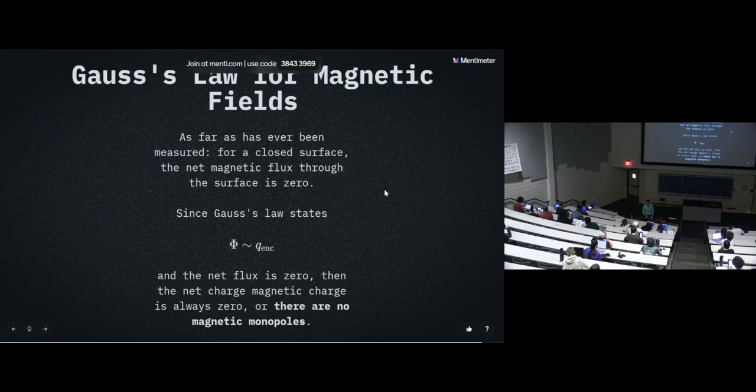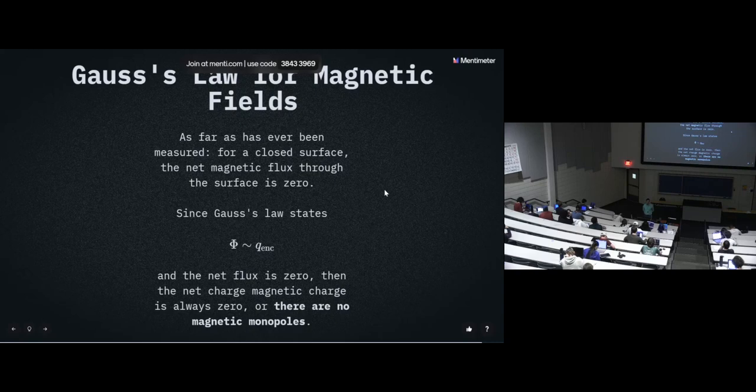The last thing that we need to discuss is that, as far as has ever been measured for a closed surface, the net magnetic flux through the surface is 0. Since Gauss's law states that flux is proportional to the charge enclosed and the flux is 0, then the net magnetic charge is always 0.